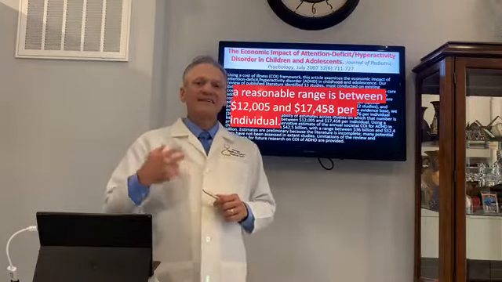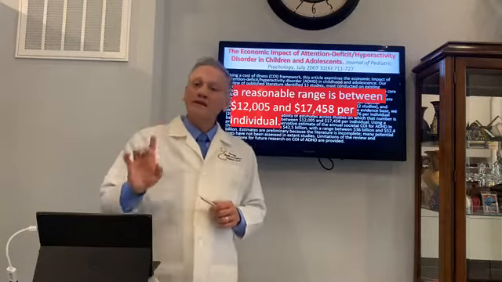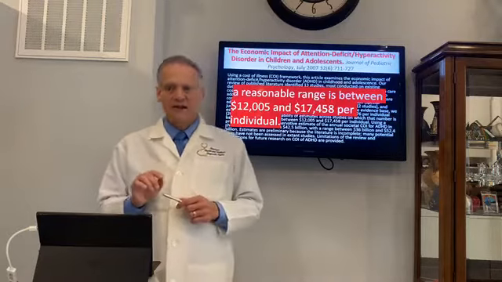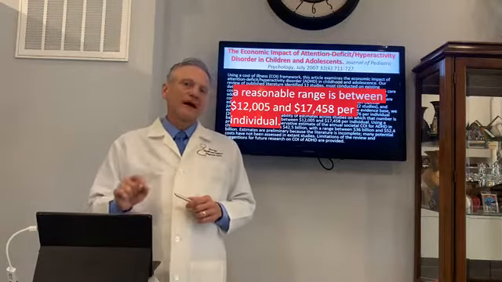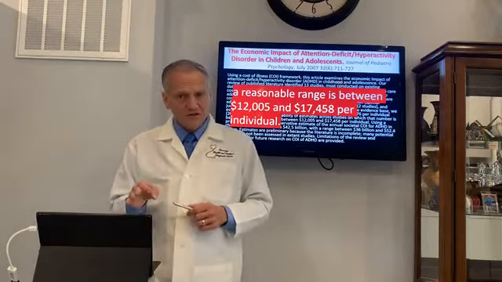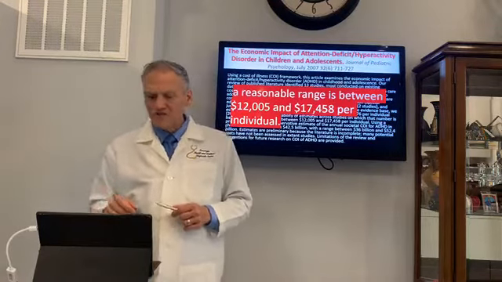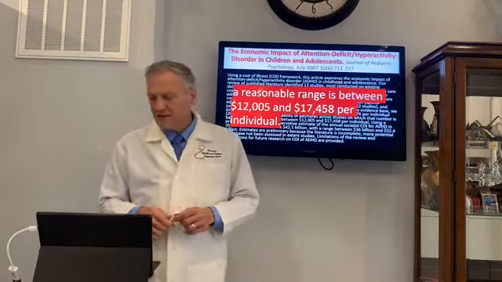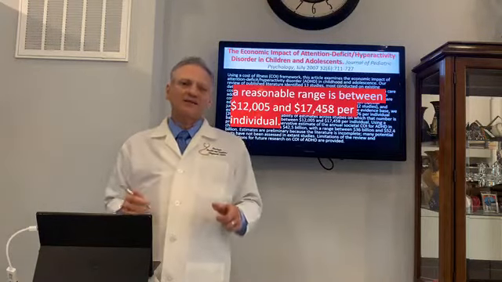ADHD makes up about 10%. So that means 1 in 10 of our children have or are diagnosed with ADHD. These numbers are actually expanding. They're getting larger. This is going into what we would say even an epidemic level, if you will. And so it's something we have to get a handle on.